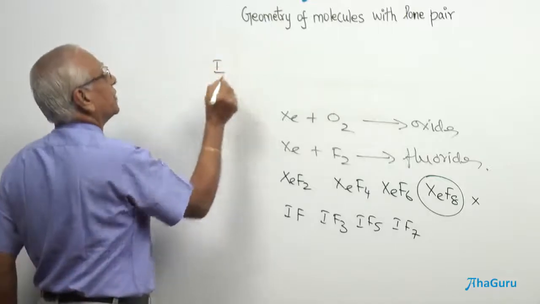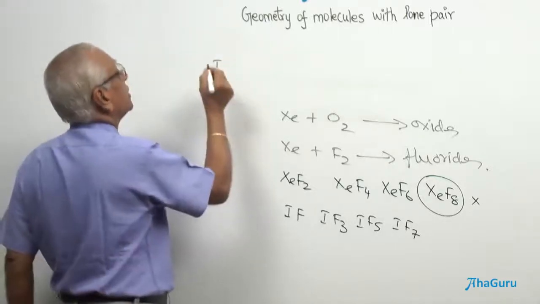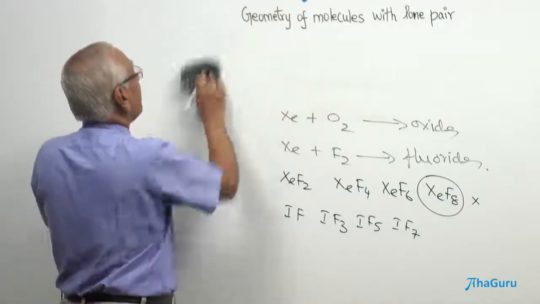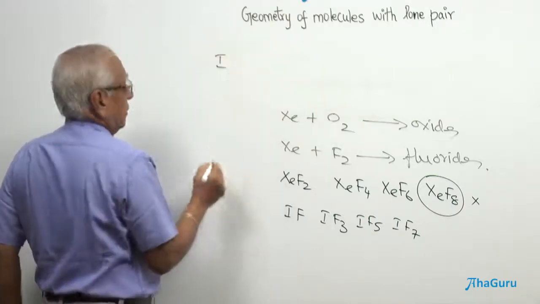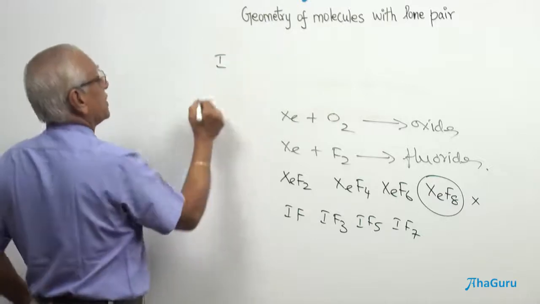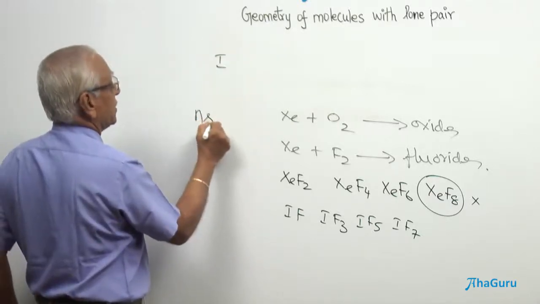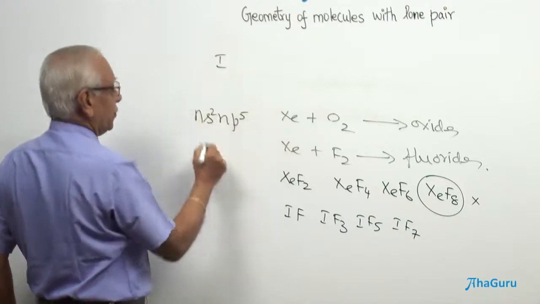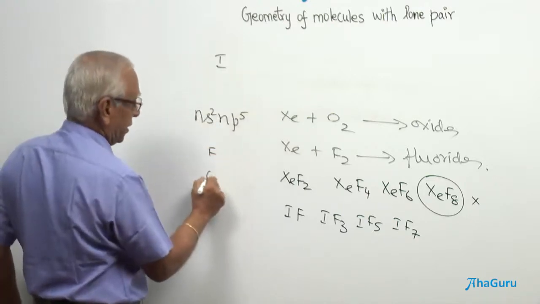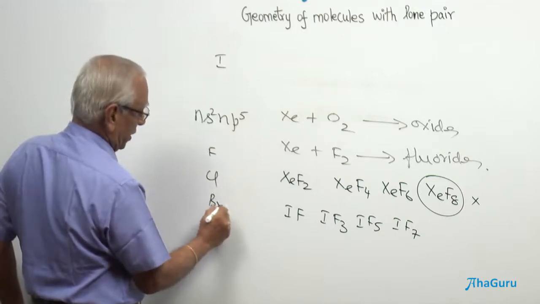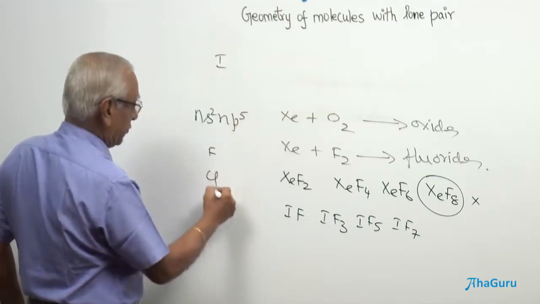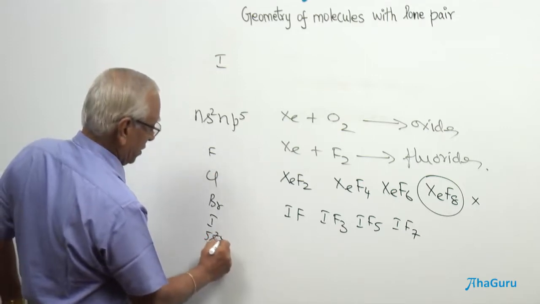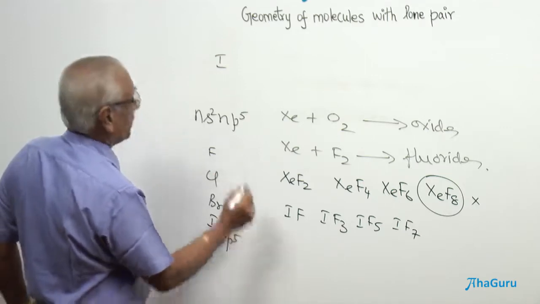Look at iodine. Iodine has 7 electrons in the outermost shell. Let us see. What is the general electronic configuration of halogens? ns2, np5. Therefore, we have fluorine, second period, chlorine, bromine, iodine: second, third, fourth, fifth. Therefore, the electronic configuration should be 5s2, 5p5.